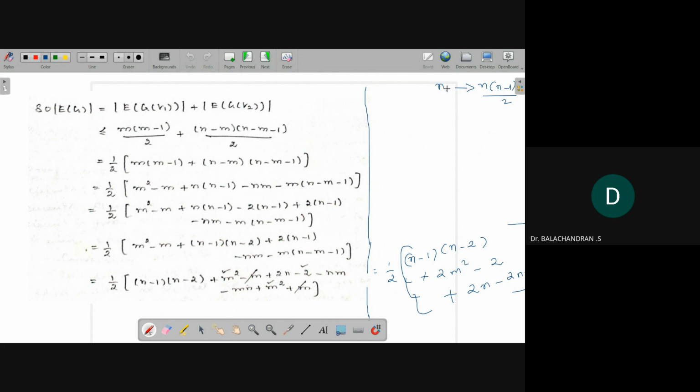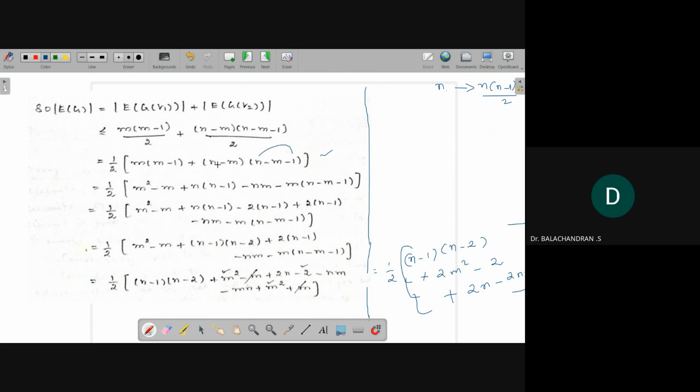Using this idea, I'll take 1 by 2 common. So m into m minus 1 plus n minus m into n minus m minus 1. Up to this I explained. Next, 1 by 2 m square minus m, and then I'll take this n and multiply these two.